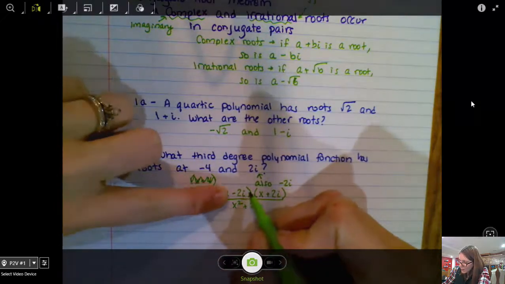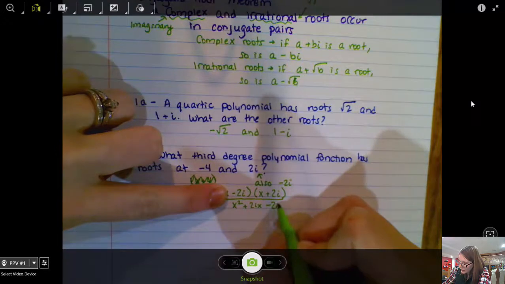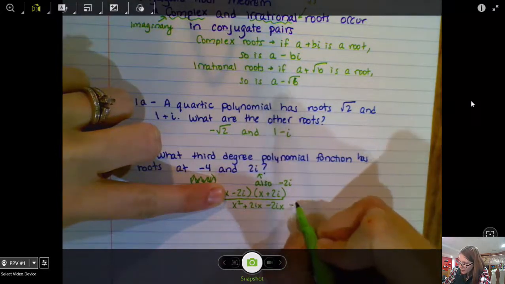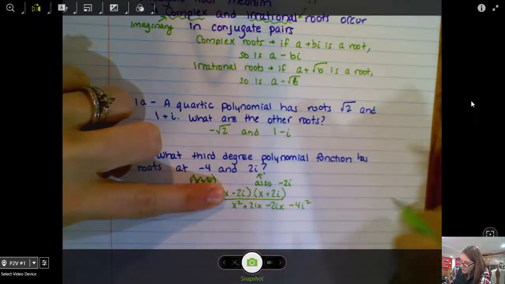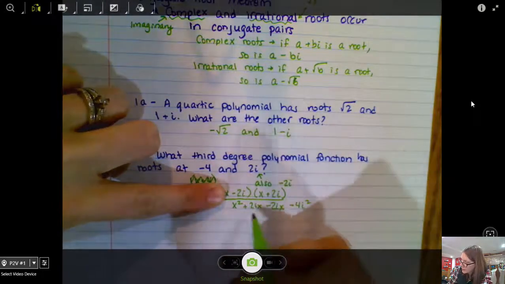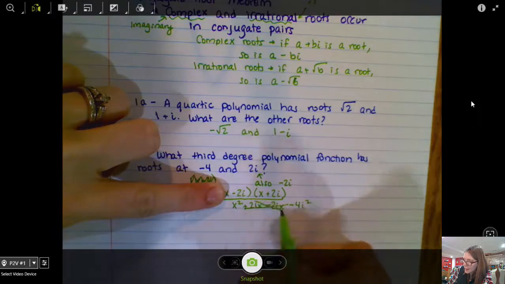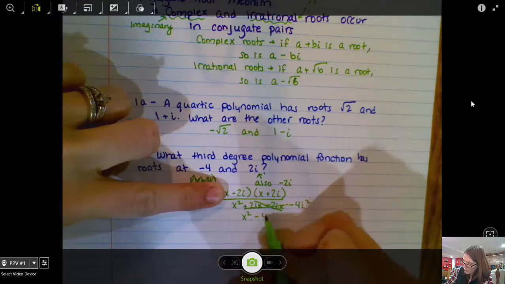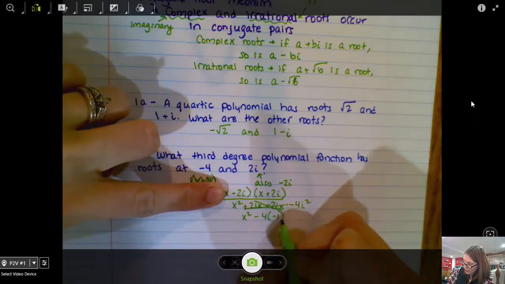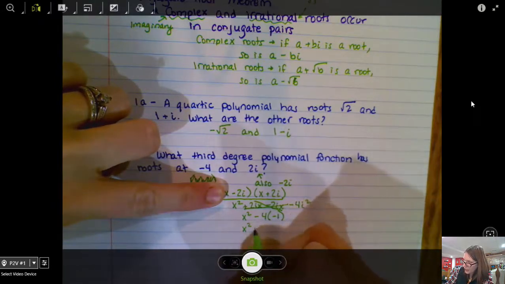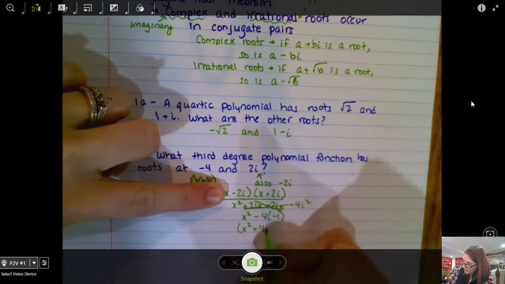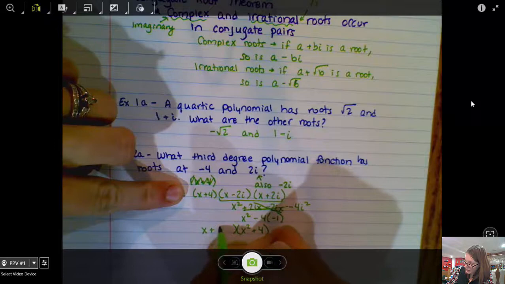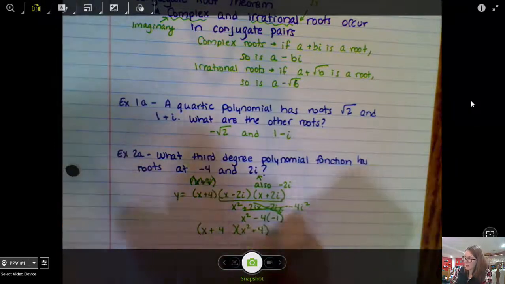That looks kind of weird, but that's okay because I have minus 2ix now. -2i times positive 2i is minus 4i squared. But if we simplify some things here, my 2ix, -2ix cancels out. I have x squared minus 4i squared, but don't forget that i squared is -1. So this becomes x squared plus 4. Like I said, how all of our i's cancel out makes it a lot easier to multiply here.